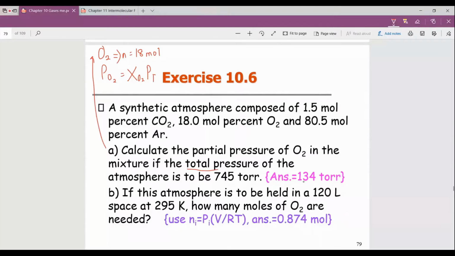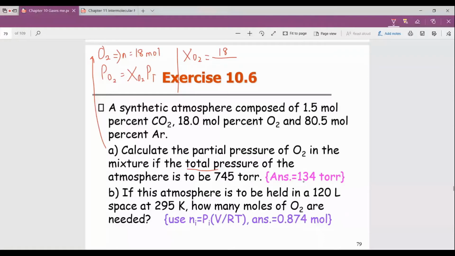How to calculate the mole fraction for O2? The mole fraction for O2 is equal to 18 divided by, you need to add all the gases.